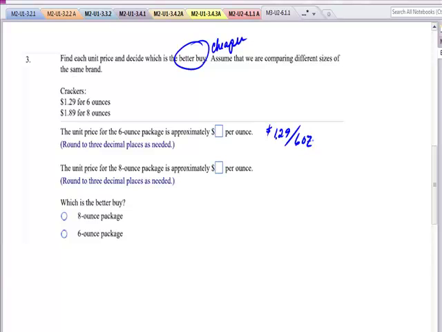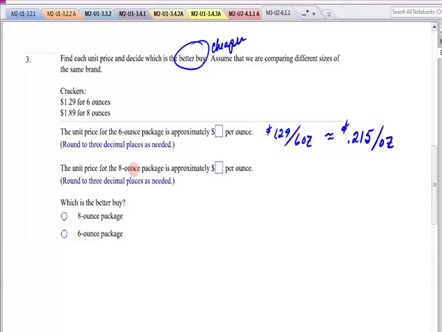So on my calculator, 1.29 divided by 6, and I am getting 0.215, and that is money per ounce, and that would mean about 21.5 cents per ounce. So when you go past the 2 decimal places, you're talking about part of a cent.